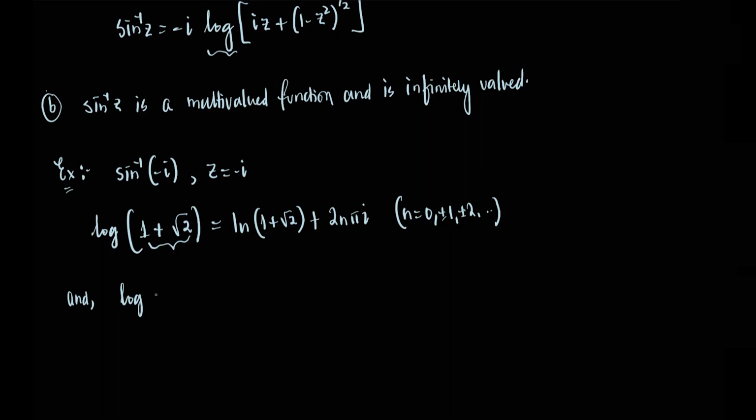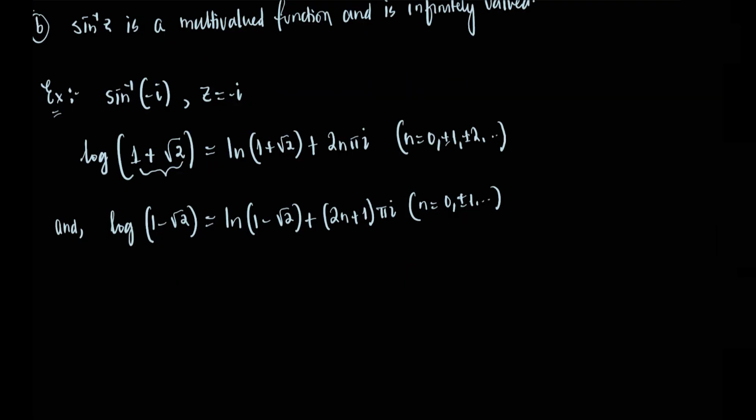And log of 1 minus root 2 similarly is going to be log of the absolute value of 1 minus root 2 plus (2n plus 1) pi times i, again n equals 0, plus minus 1, so basically all the integers.